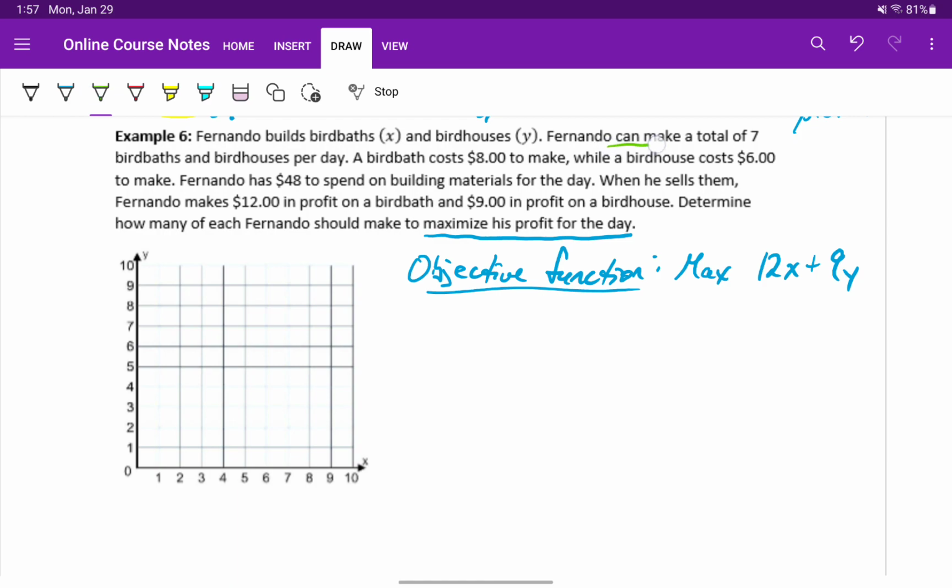We know that he can make a total of 7, so x plus y, the number of each that he makes, can't exceed 7. And we know how much it costs to build each type and how much money he has available.